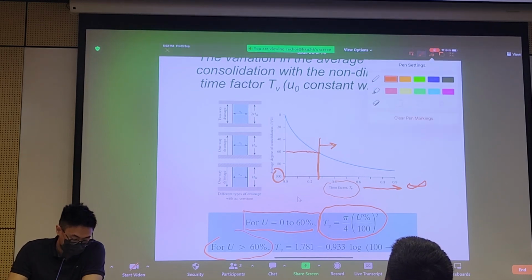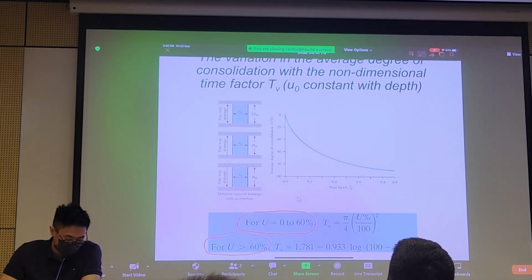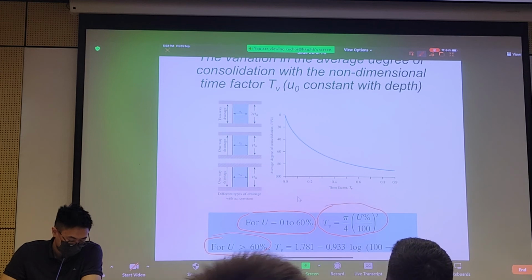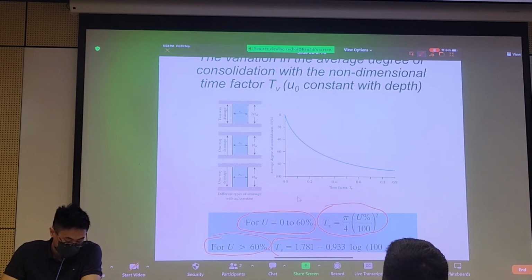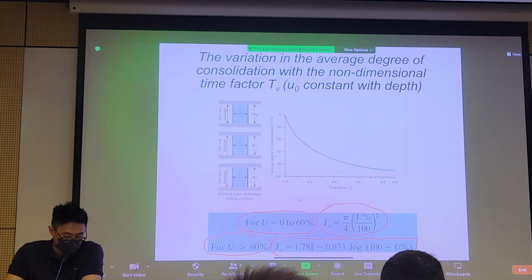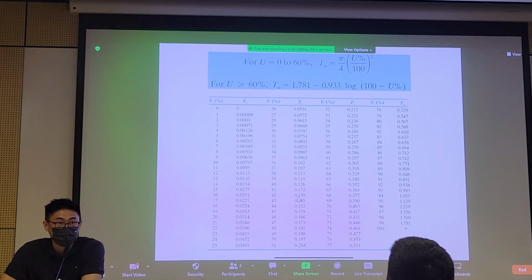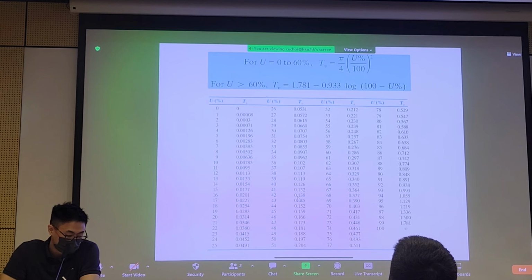So we often use, if you know that your degree of consolidation is just 30%, you would use this to calculate the time factor. If you know your degree of consolidation is, let's say, 80%, then you would use this expression. And you have various drainage conditions that we'll talk about later on. Now, where am I trying to get with this? Well, we actually don't need to extrapolate from a graph, because this is the table you often use when you calculate the degree of consolidation.